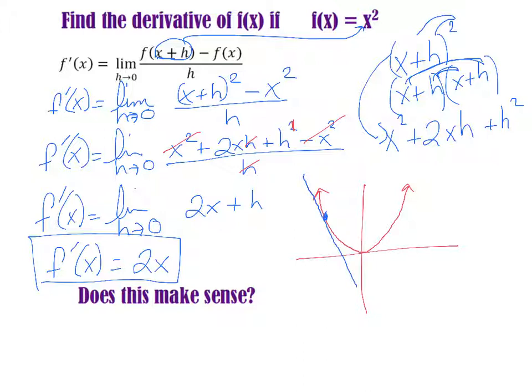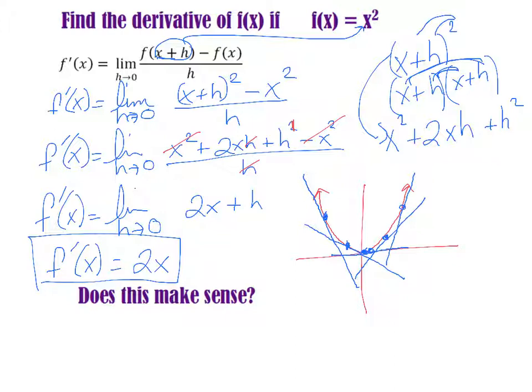So the slope of that line is going to be different than the slope of this line, which is going to be different than the slope of, and notice here on a parabola, this is okay to find the derivative. That slope of the tangent line would be that horizontal line because that's a curve, it's not a point. If it was pointy, we'd say no limit on that piece, but notice it's different every place.